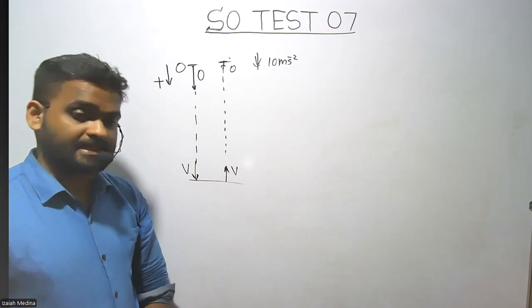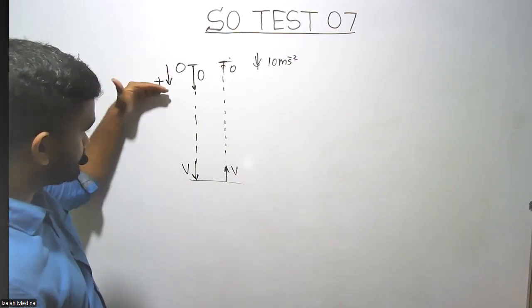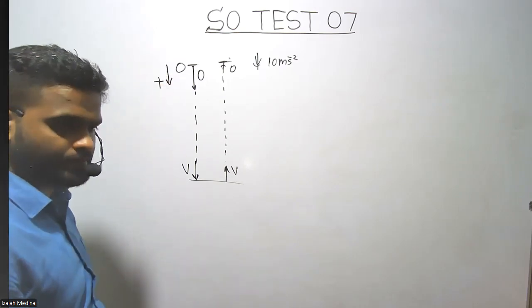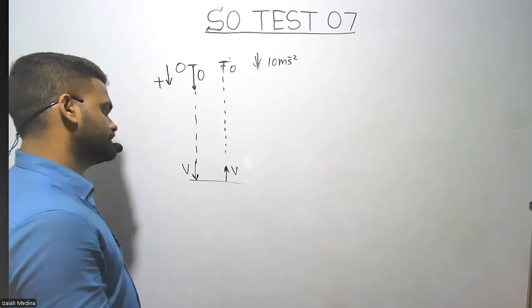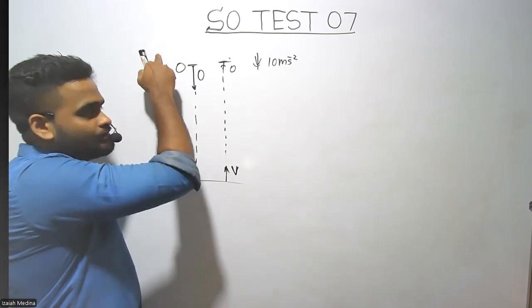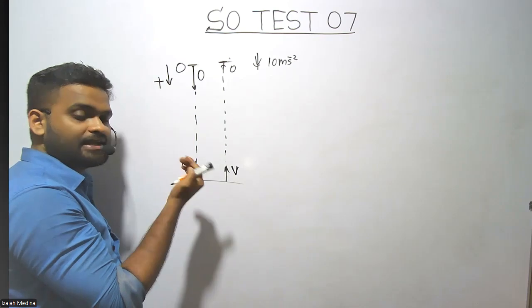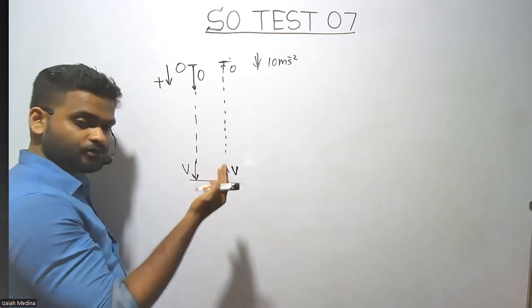They're asking for the most suitable graph. Anyway, we are choosing downwards as the positive direction. Once you define the positive direction, any vector in this direction is positive. If any vector is in the opposite direction, it is going to be negative.